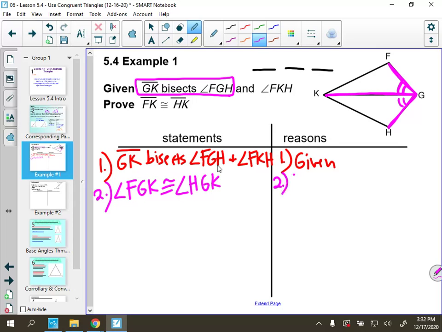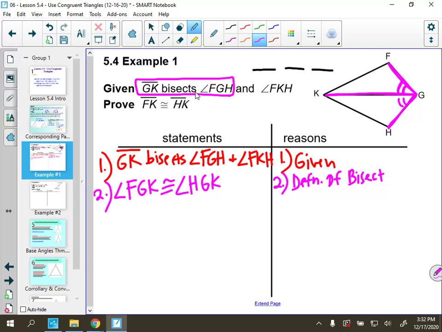Because of that definition of bisect. Remember, you could be super specific, and it would probably be better to say the definition of an angle bisector. But for right now, we can just say that's what it means. We're cutting something in half. It's just that the something we're cutting in half happens to be an angle. Let's keep building on that same piece of given.